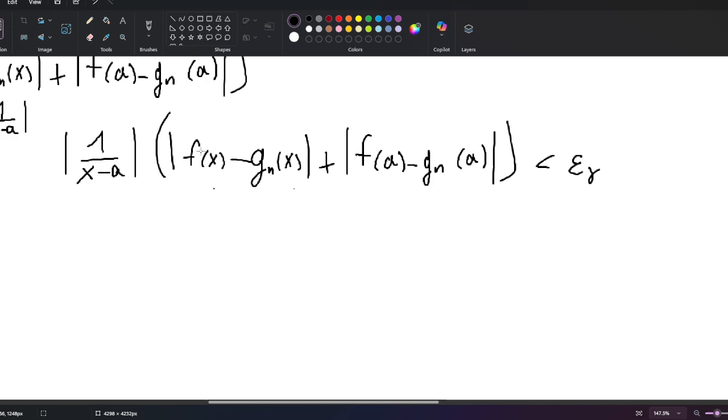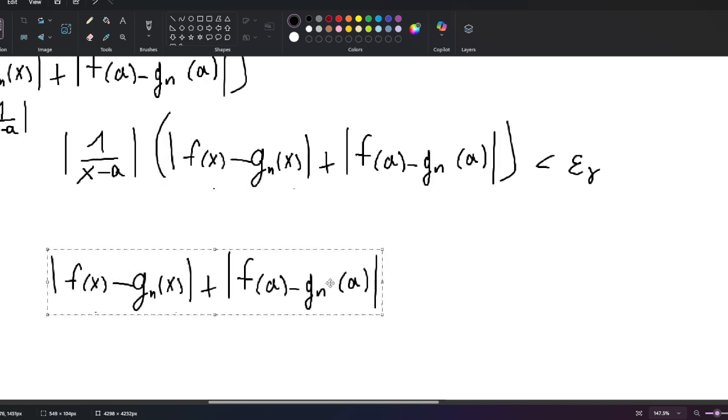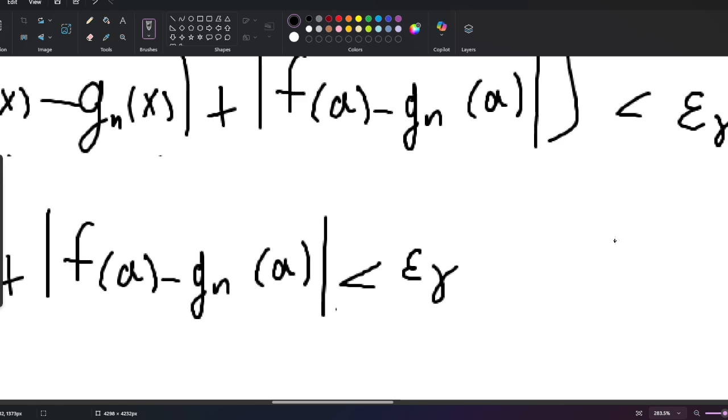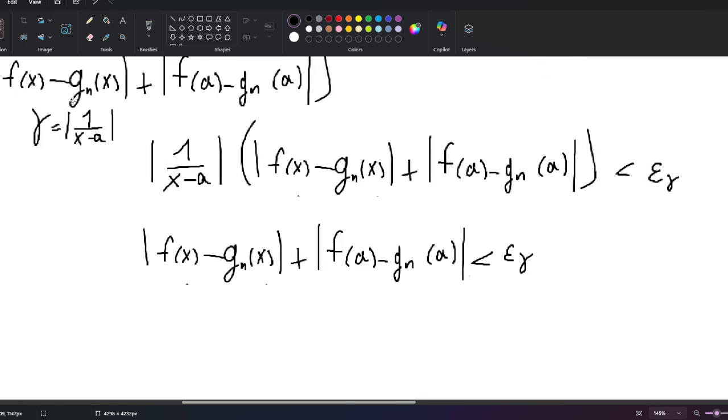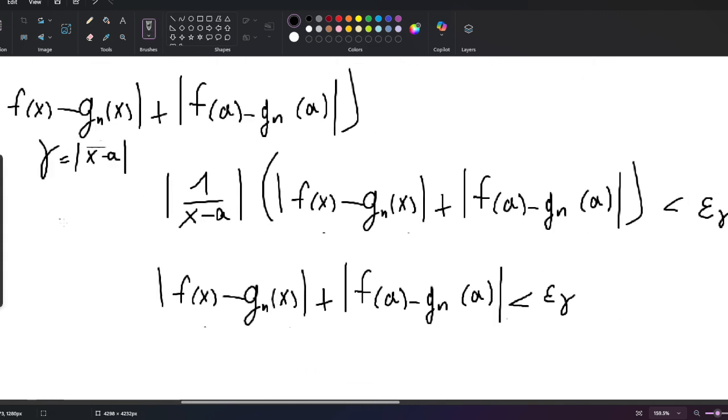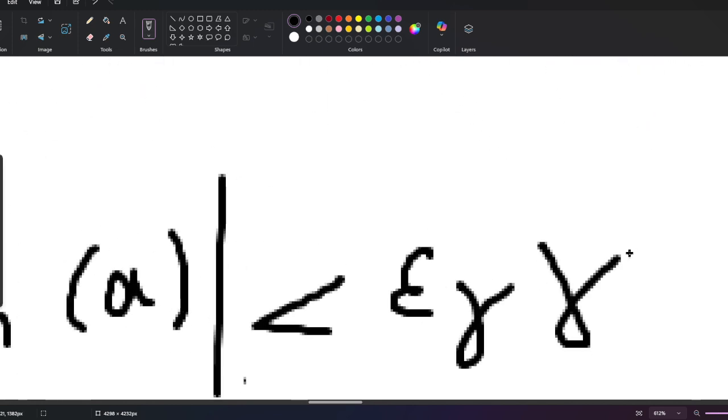Alright, so what we have left is this thing, less than epsilon gamma. Actually, let's define it as the absolute value of x minus a here, and we have epsilon gamma times gamma.